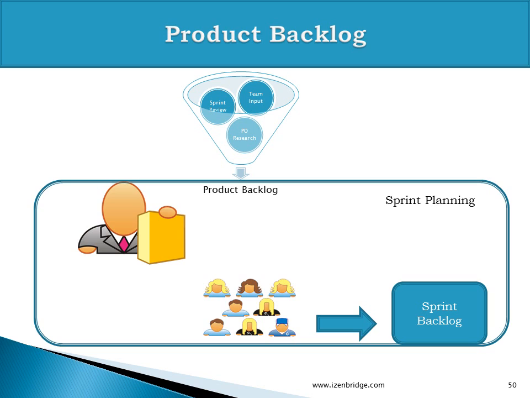The prioritized product backlog has the high priority items on top, and those items are given to the team during the sprint planning meeting. In that meeting, the team creates the sprint backlog, which contains the tasks required to turn the product backlog into a potentially shippable product or an increment, the third artifact.